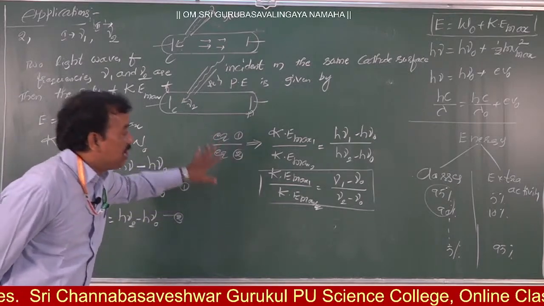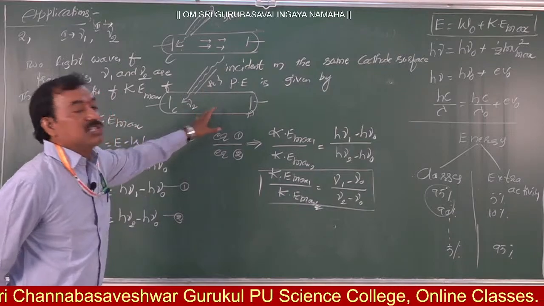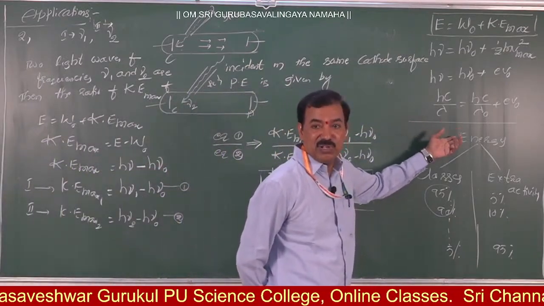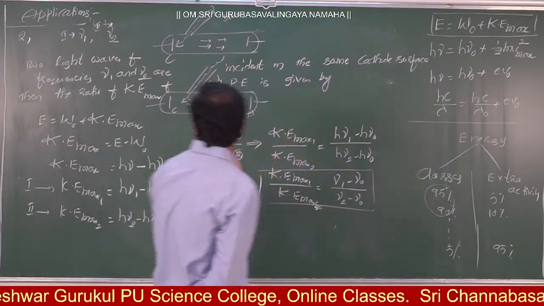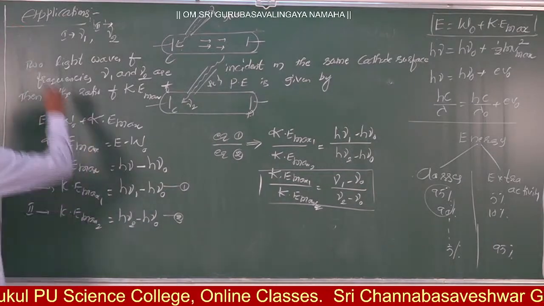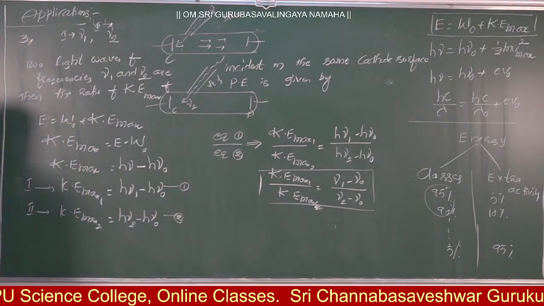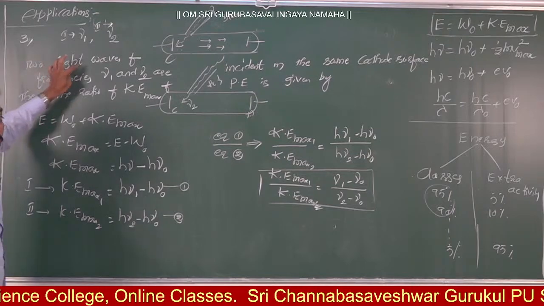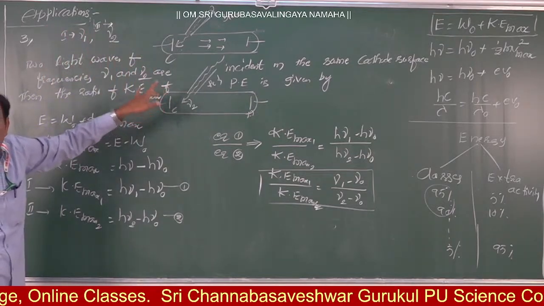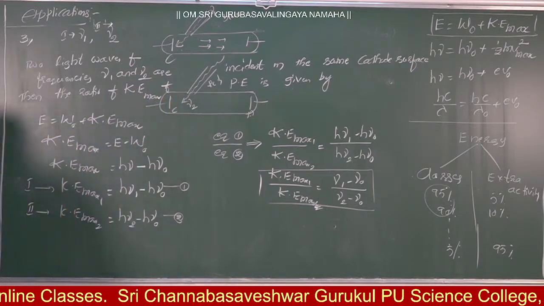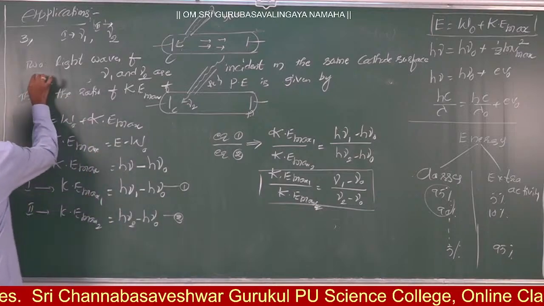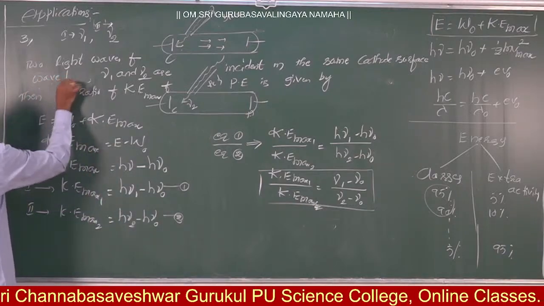So whenever you have to explain the frequencies, the same is compulsory for wavelength also. Now again, the third application. If two light waves of wavelength, not frequency, this one is called a wavelength.